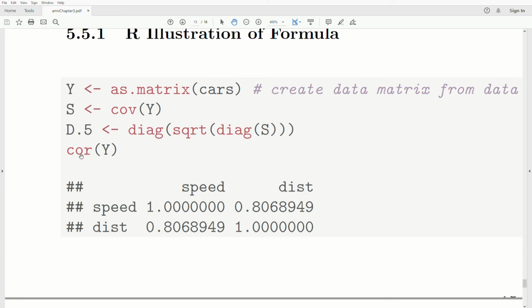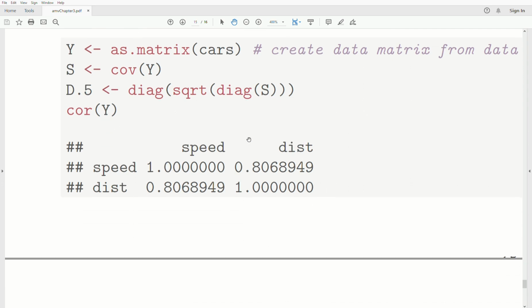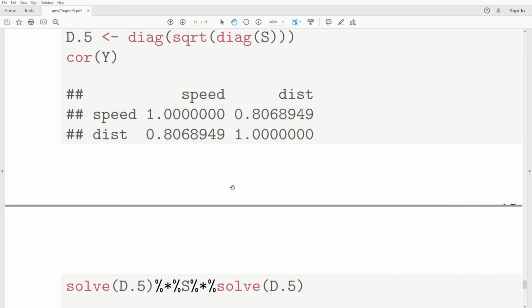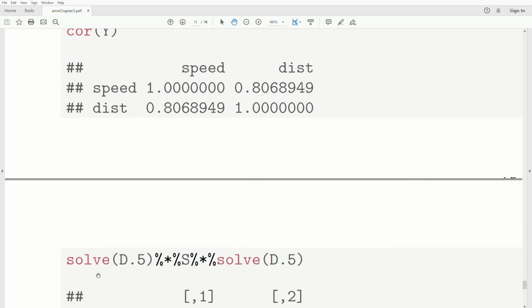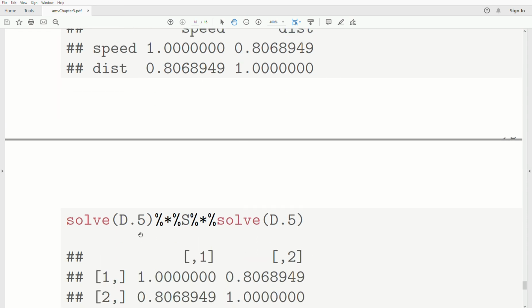And if we look at the correlation of Y, the sample correlation, we get this matrix. 1's down the diagonal and 0.8068949 in the off diagonals. Notice it's symmetric. And then we take the inverse of this square root matrix times S times the inverse of the square root matrix. Notice we get the same matrix, as we should.